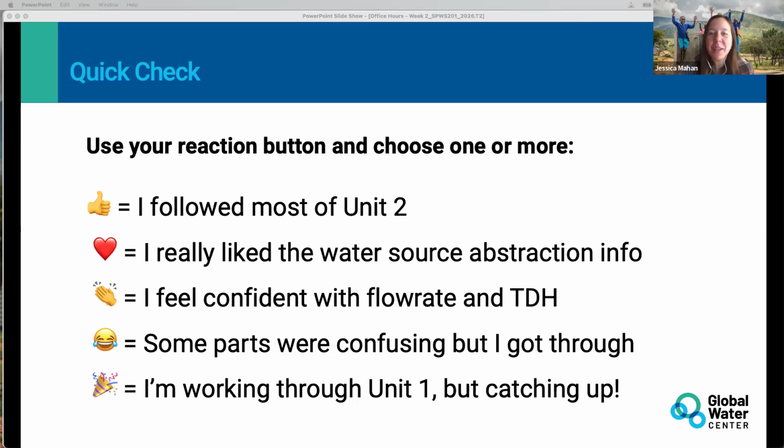Okay, so we've got a little bit of everything on the screen. That's wonderful. Good votes for water source abstraction. Okay. All right. Well, thanks everyone. That's helpful for me and hopefully helpful for everyone to see where others are, but it's helpful for me especially to know where we are and hopefully some of the questions that are going to come up in the call that we can get through today.